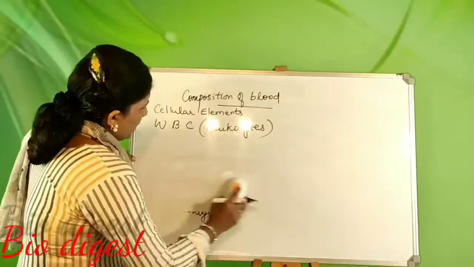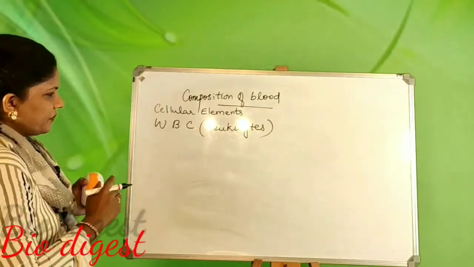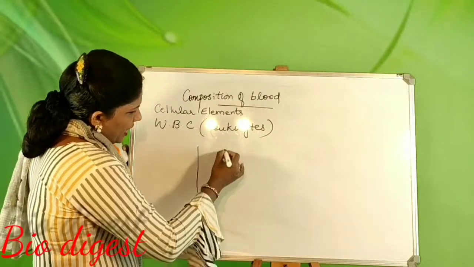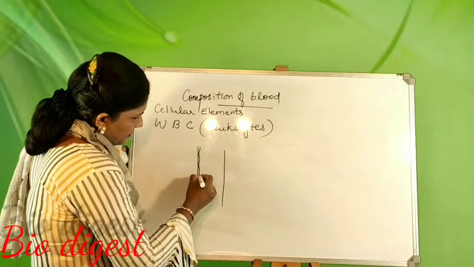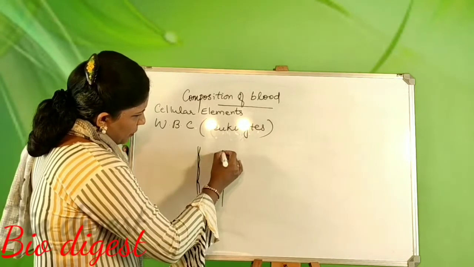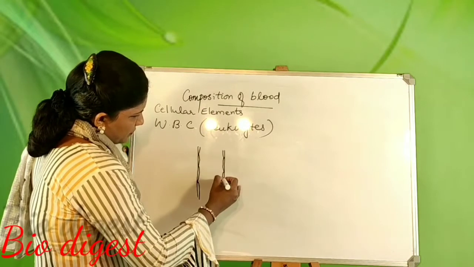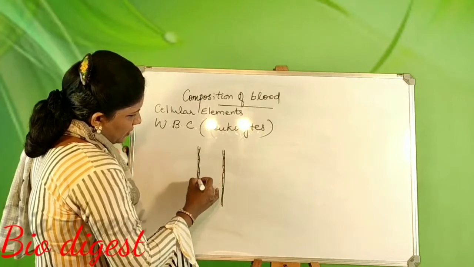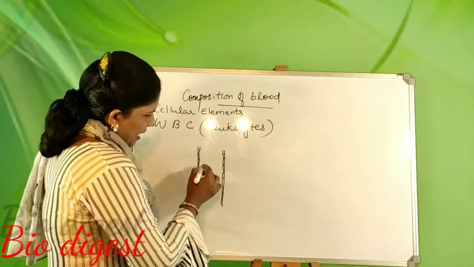Now, WBCs, usually I told you they are amoeboid in shape. So imagine that this is a capillary. Okay. So WBC is having one peculiar nature. So this is the capillary. Capillaries are very thin. Okay. For showing it clearly, I am drawing a little bigger diagram.